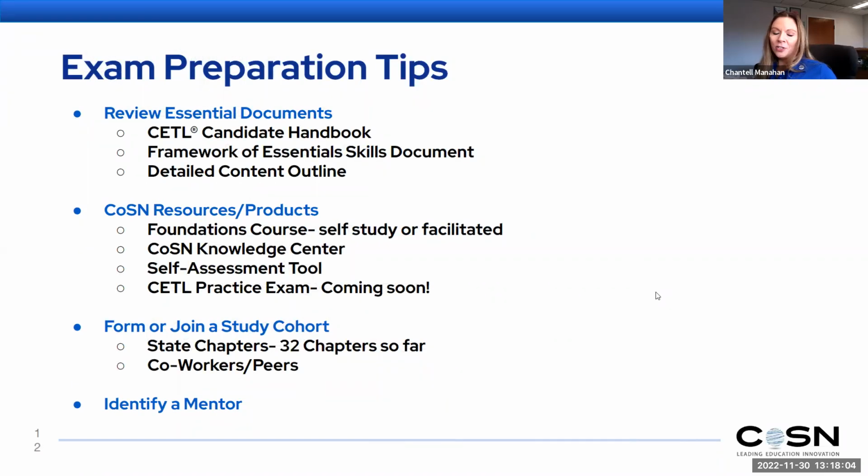So you're registered for the exam, you have 6 months to take it. How do you prepare, or how do you prepare even before you ask for permission to take the test? Well, there are lots of essential documents available that can help see if you feel comfortable with the things that are being asked on this exam.